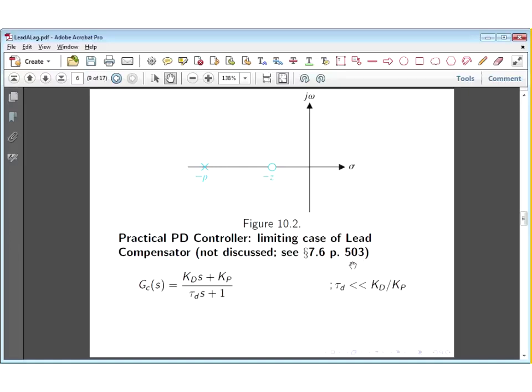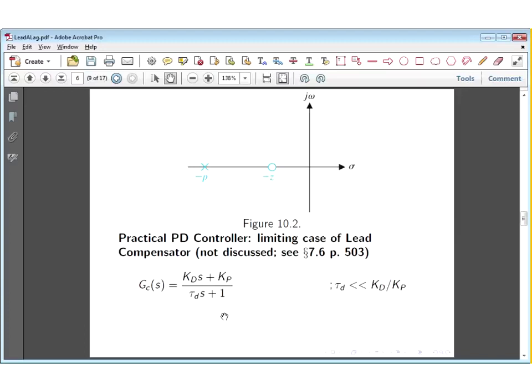Now, if we do the latter, if we make the integral gain 0, and we take note of the fact that the practical PD or a PID controller cannot just have S in the denominator, as indicated on page 503, there must be a high frequency pole to make it practical.